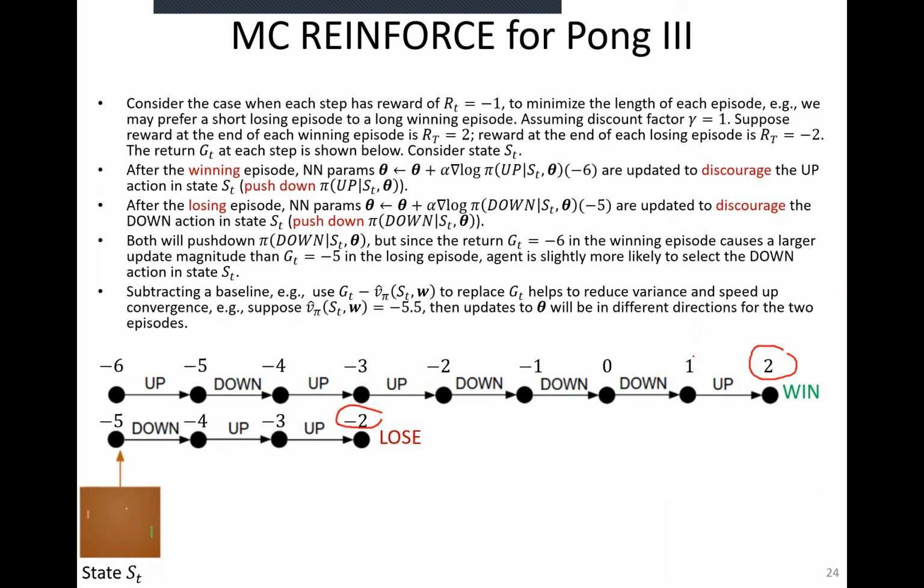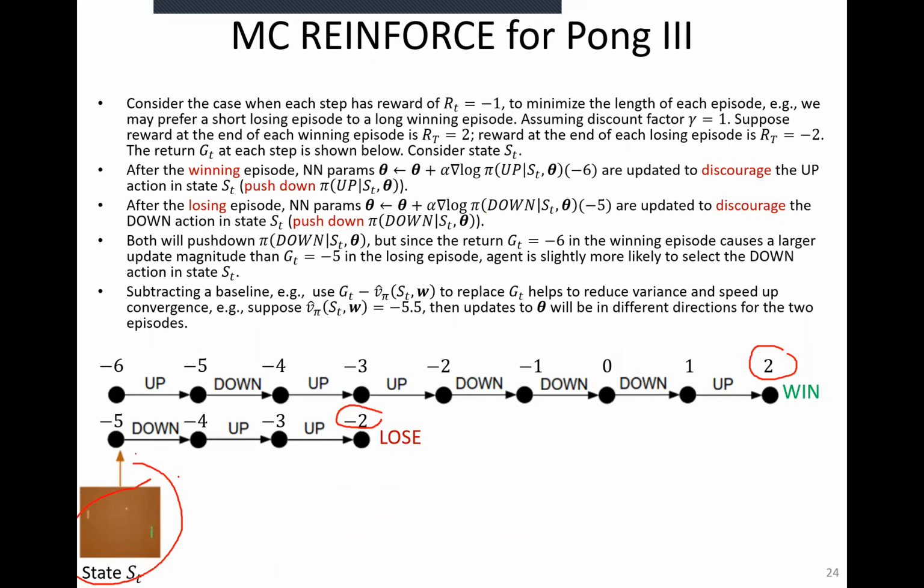So the return gradually becomes more and more negative near the beginning of the episode, because the episode is becoming longer. So the reward of -1 each step costs you a lot. So from the return G, you can see that we should really prefer this losing trajectory over the winning trajectory in this particular state.